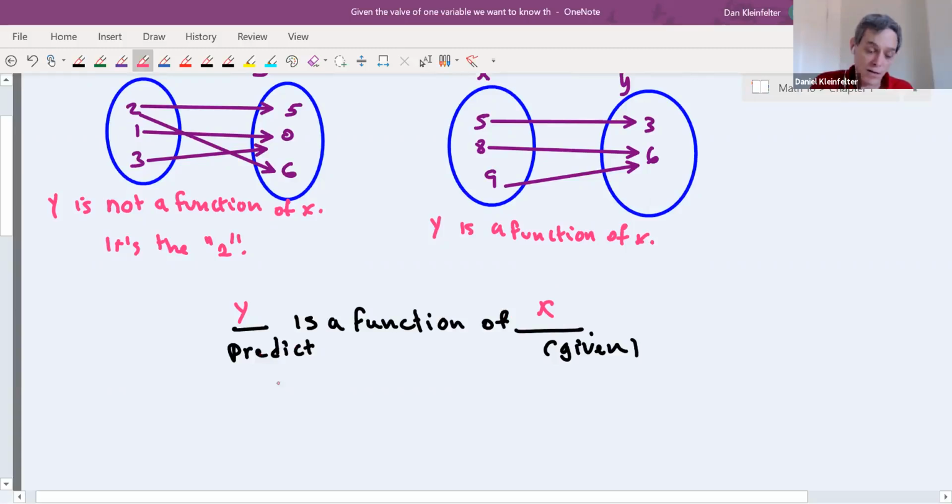And the other one is the variable you're trying to predict from that. So the given value would be the x, function of x. The predicted value would be y. That is the value that we're predicting based on a value for x. So whichever one comes after the "of," more or less, is the one that you were given. That's the one that can't repeat. Otherwise, you lose the predictability.